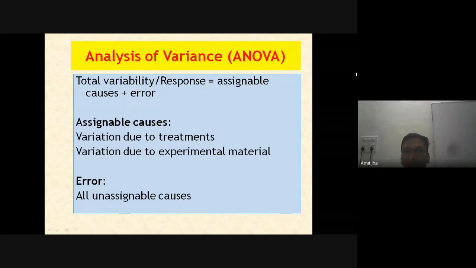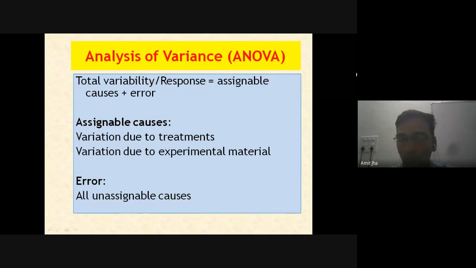ANOVA. Here, there are some causes called assignable causes, that is, variation due to treatment and variation due to experimental materials. Suppose you have to see the effect of a particular feed on milk production. In this case the treatment is the feed, and what is being affected is the milk production.